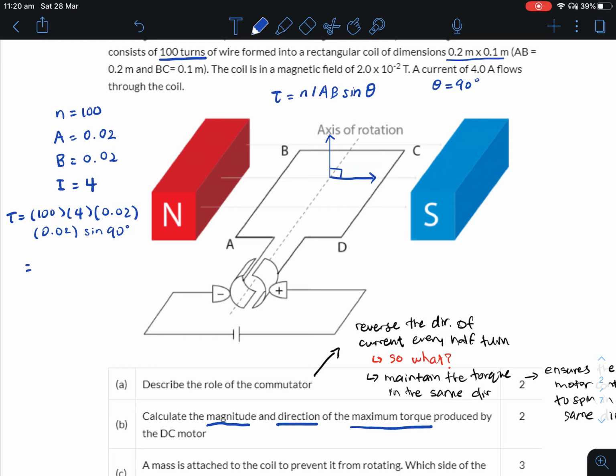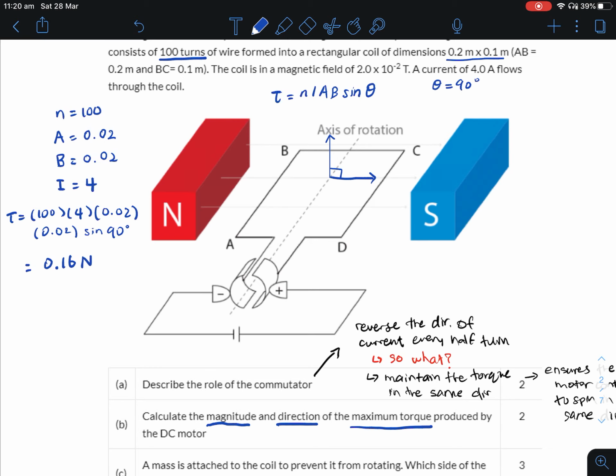And you will find that if I quickly pull out my calculator, that 100 times 4 times 0.02 times 0.02 is equal to 0.16.